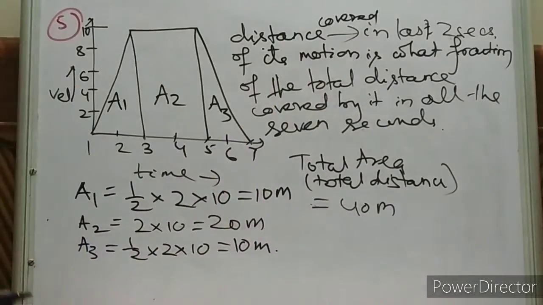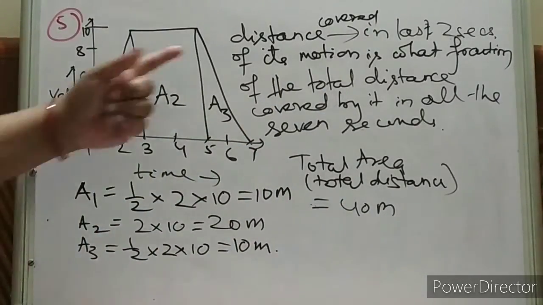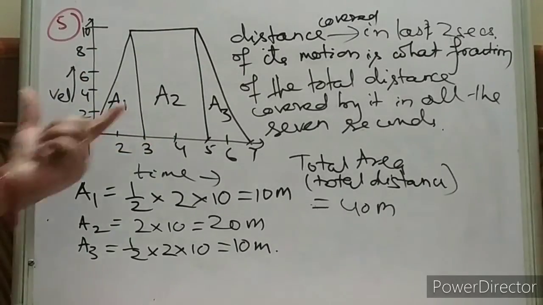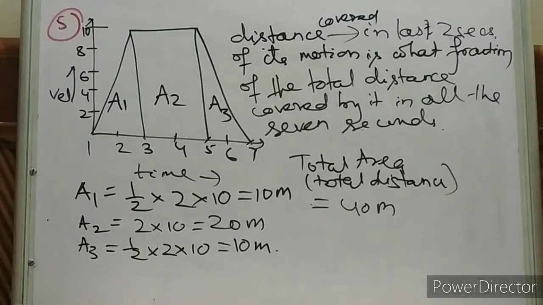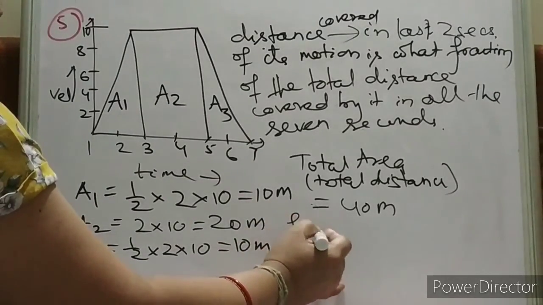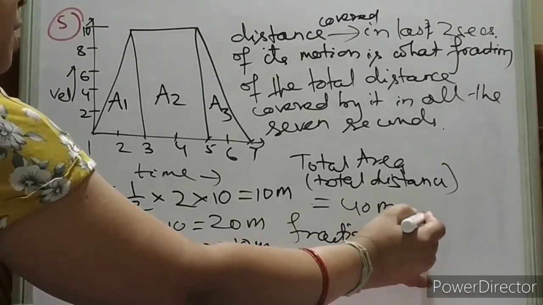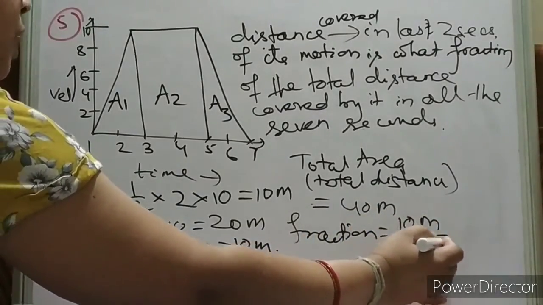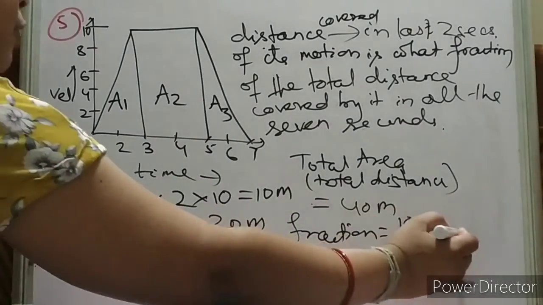But what you have to find out? In the last 2 seconds, what is the distance? But you have to find it as a fraction with respect to the total distance. So the required fraction will be how much? In the last 2 seconds, the distance travelled is 10 meter and total is 40. So this is 1 by 4.